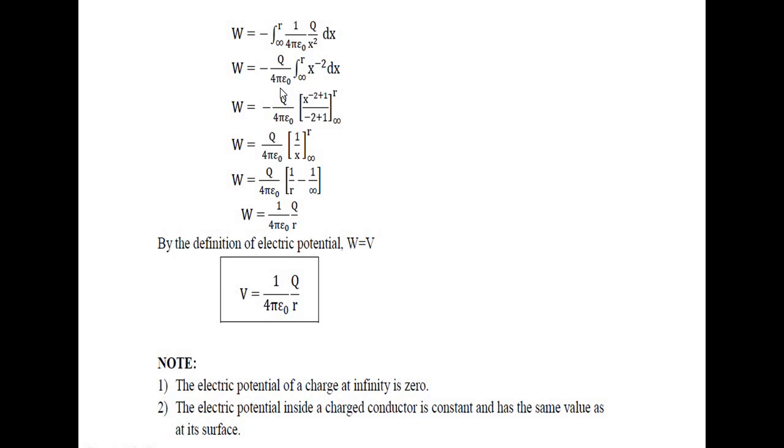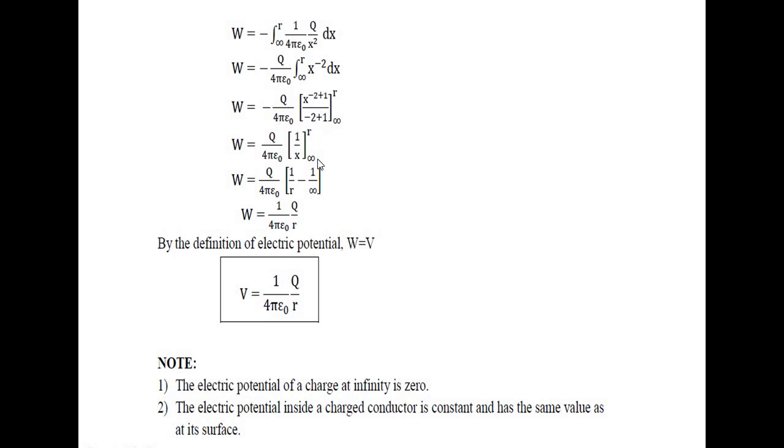Keep the constant q by 4 pi epsilon naught with the negative symbol outside. 1 by x square means x to the power minus 2. Integration of x to the power minus 2 is minus 1 by x. Note here, this symbol is for integration, students, long S. So far you have not studied integration, but for this derivation you should know at least that integration of x to the power minus 2 is minus 1 by x. That is why this minus becomes positive.